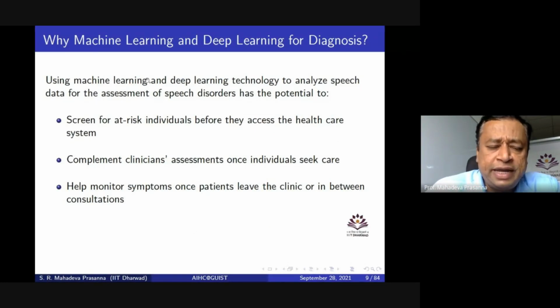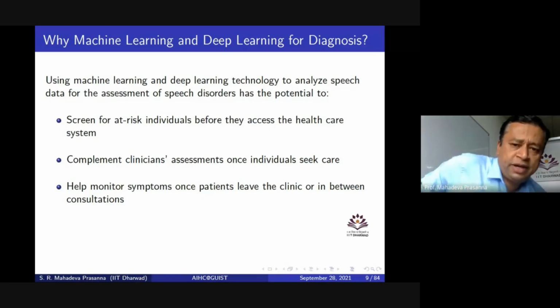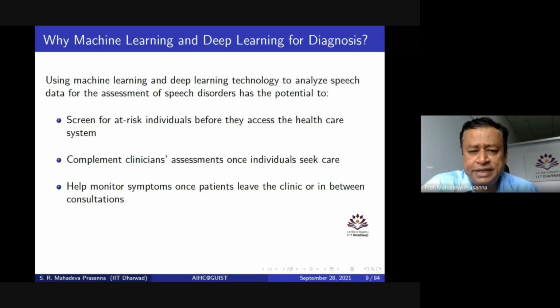Then the next question, which I already mentioned in the previous slide, is why machine learning and deep learning for diagnosis? Mainly because you can learn from the digital data that you have. You can build models on the given data, and these models can be used for the assessment of speech disorders. That assessment may be for screening at-risk individuals before they access the healthcare system.